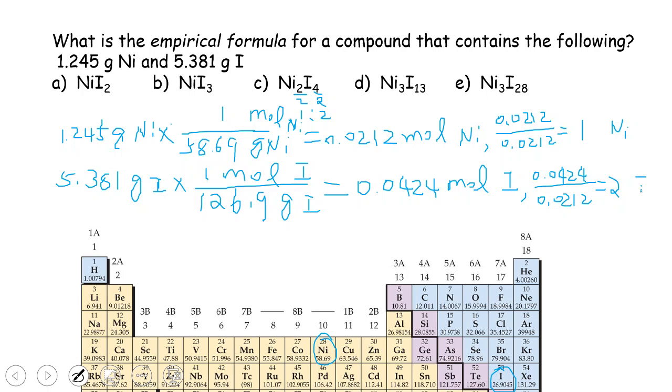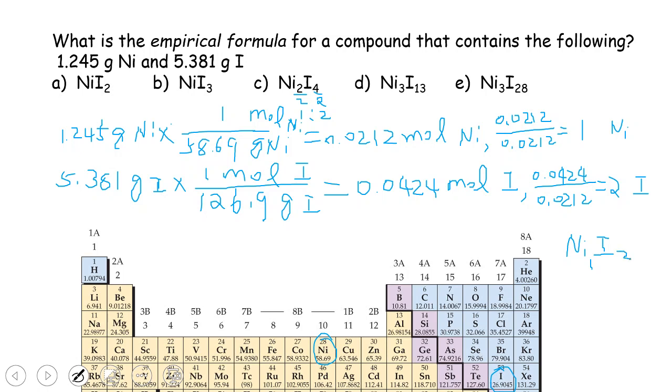And that's for iodine. Now what does this tell us? This tells us if I write the formula, so metal first, then the non-metal, we should have 1 nickel and then 2 iodine, all right?